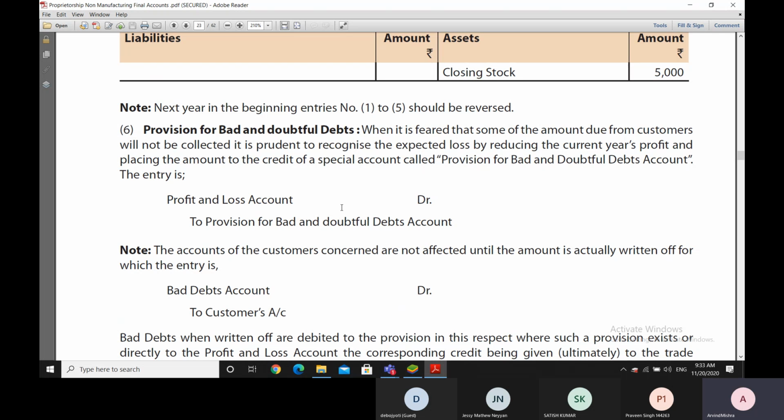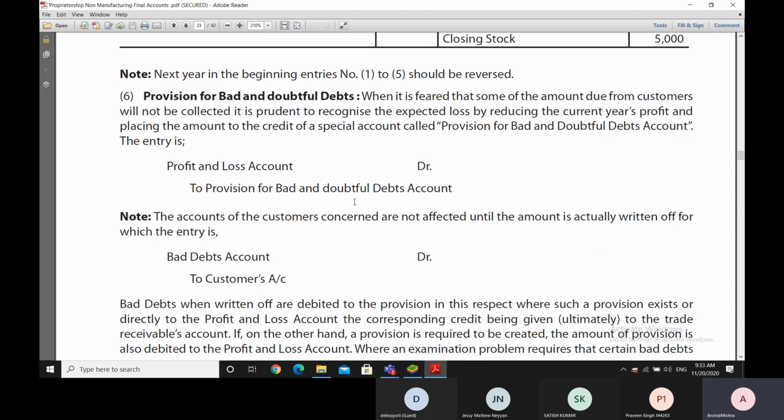And when we do this, profit and loss account debit will reduce our income, and this provision credit in the provision for bad and doubtful debt account will be shown in the balance sheet.